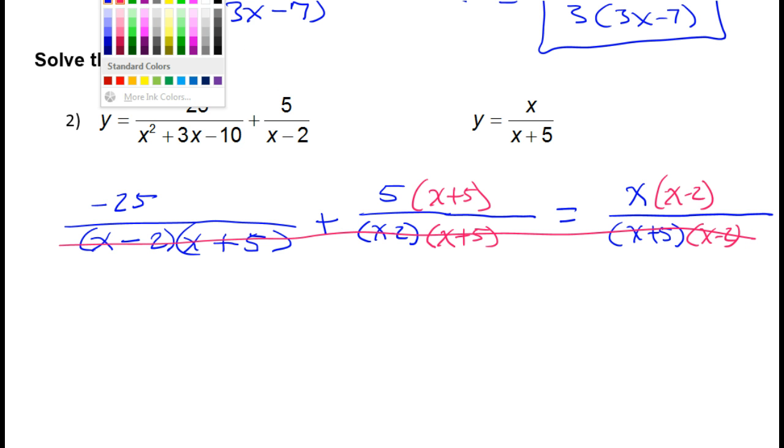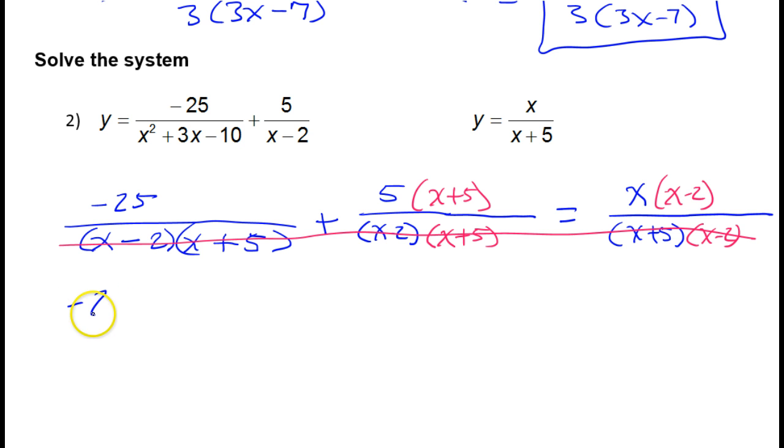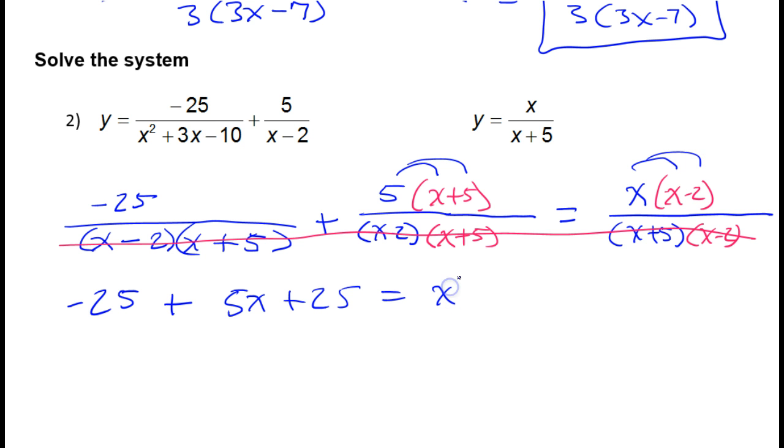Alright, so that leaves me with negative 25 plus 5x plus 25, using the distributive property, equals x squared minus 2x. Alright, so I see that I've got x squared and x, so I'm going to get 0 on one side.